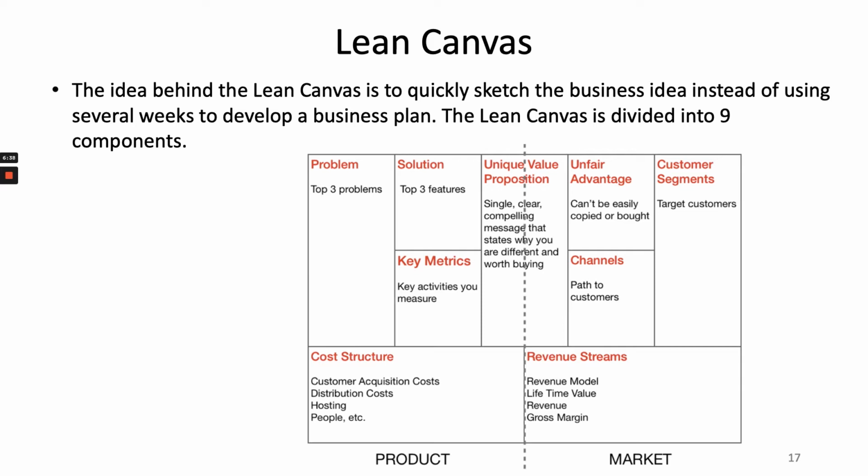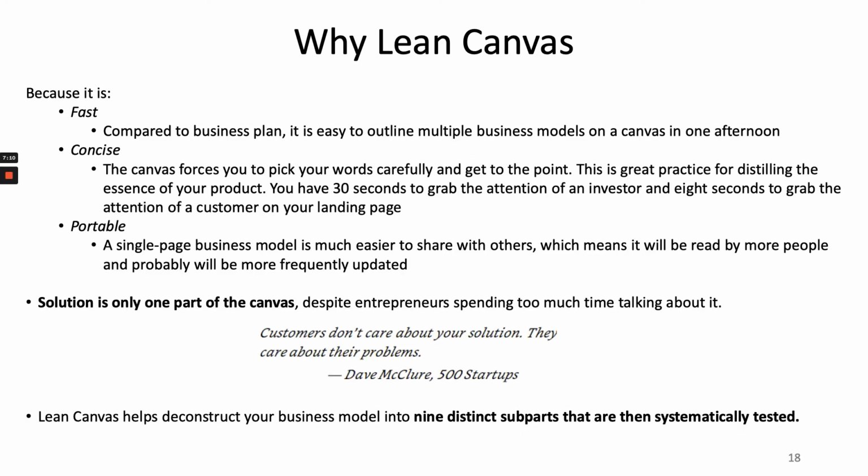You will identify your unique value proposition, unfair advantage, key metrics, key activities, channels. So those are paths to customers, cost structure, and revenue stream. Those are the most important parts which you should identify in the beginning of developing your idea.